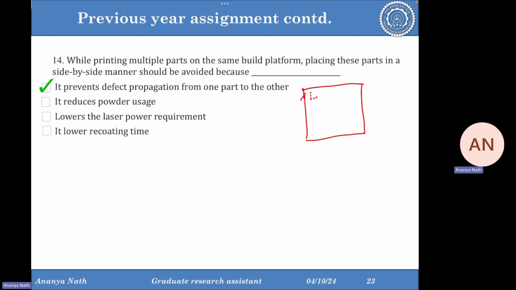First, instead of putting the part like this, we put the part like this to avoid any interaction between the blade and the part's sharp edges, so that we shouldn't rupture the blade at the time of printing. I've already told you the reason. And if you're putting the part like this, this is the part path, and no other part should come in the path of this part. Okay.